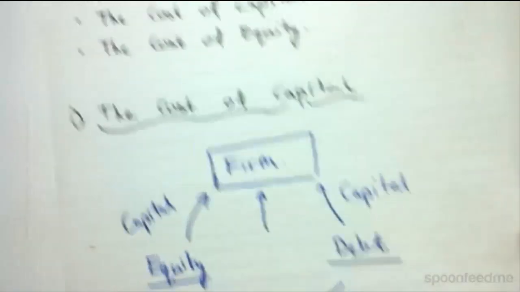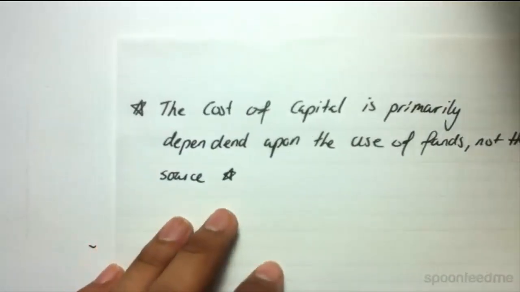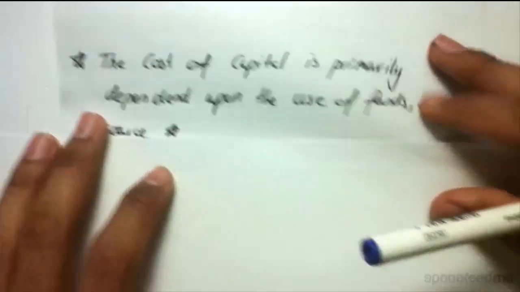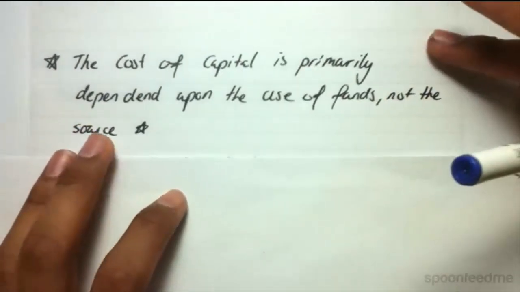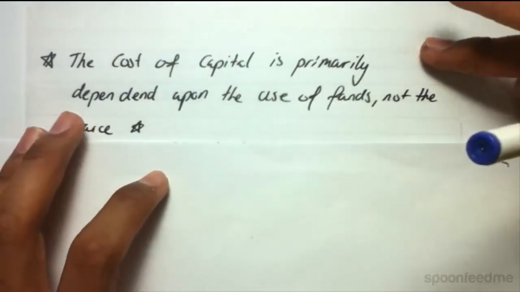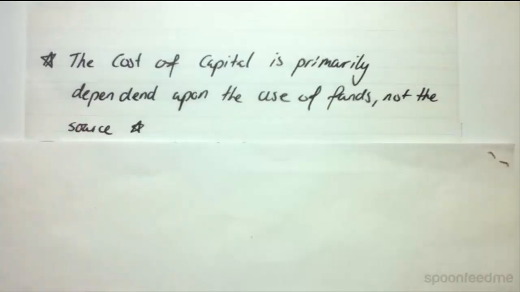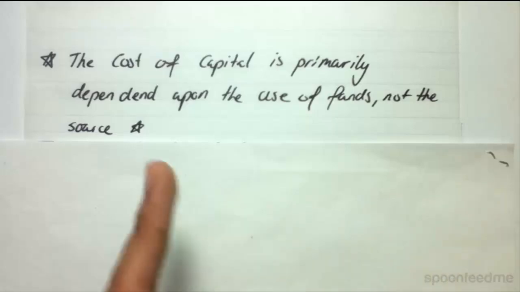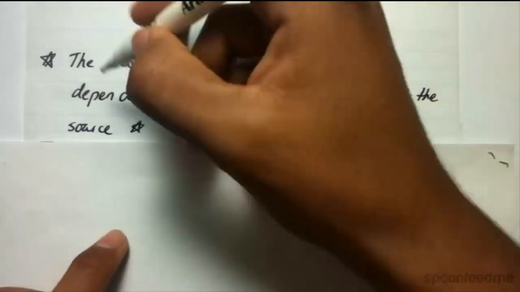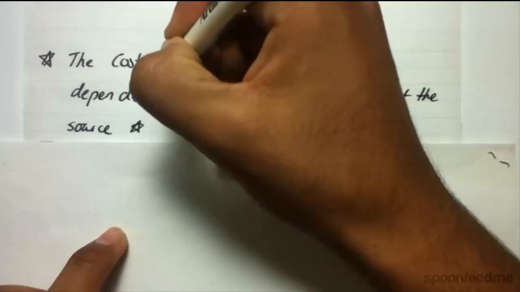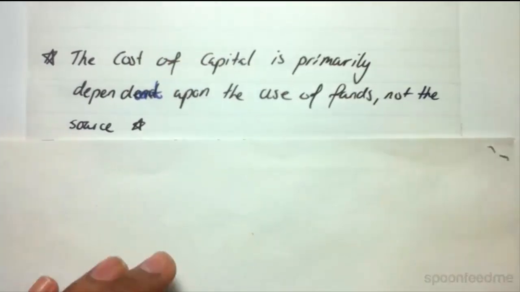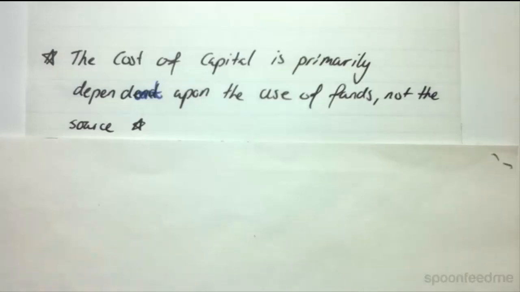Okay. Now, before I move on any further and look at the cost of equity, there's something important that we must remember, and one might think otherwise, but the cost of capital is primarily dependent upon the use of funds, not the source.